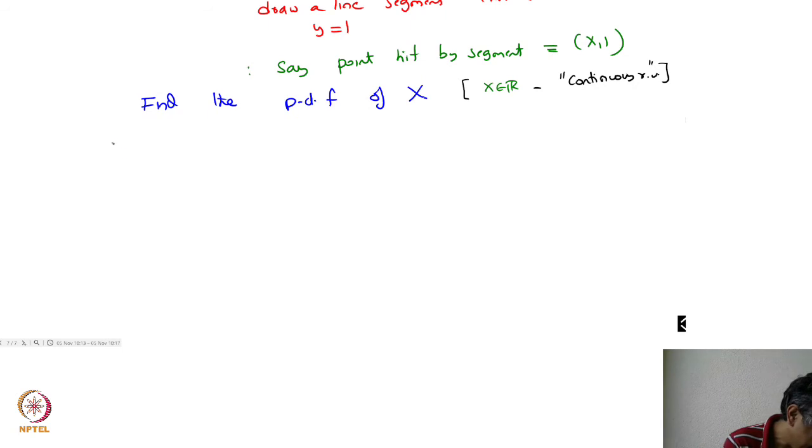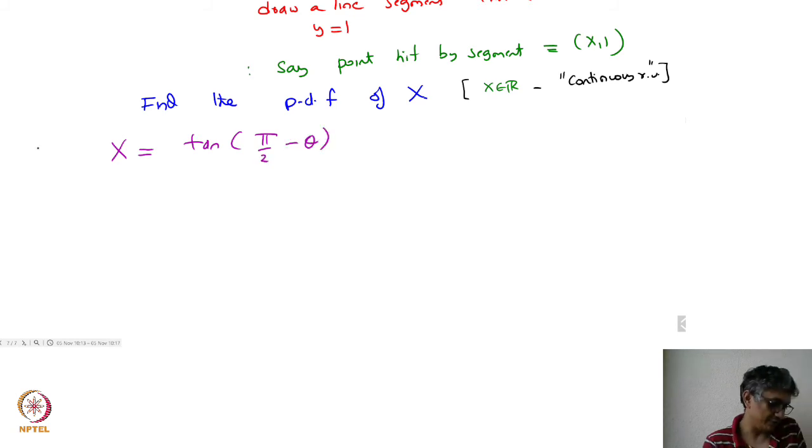So observe that x is a transformation of theta: x is the tangent of pi by 2 minus theta. This is the first observation. Once you have this, you're on your way. You know x is a function of theta, and then you can do the steps as before.